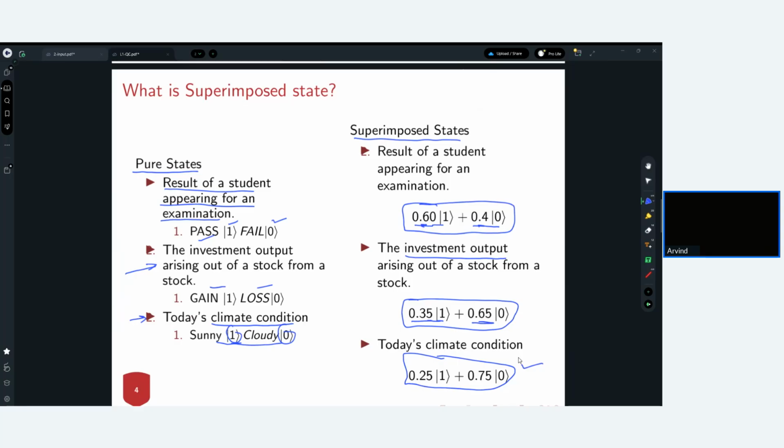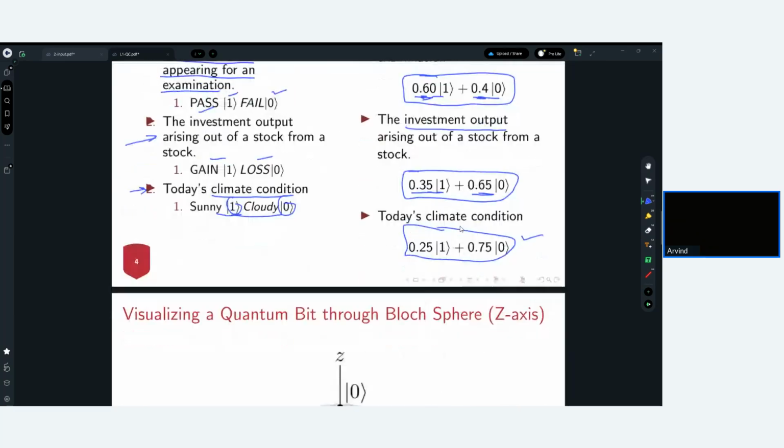So this is the significance of the superimposed state. If there is some uncertainty, you can represent that uncertainty through a superimposed state by associating coefficients alpha and beta to the qubit states 1 and 0.